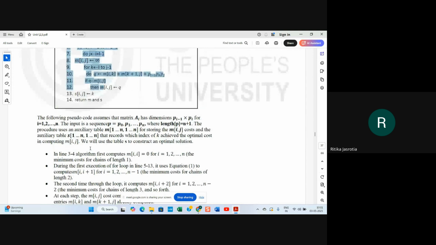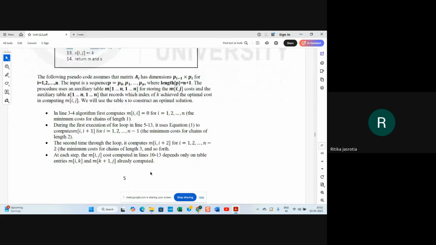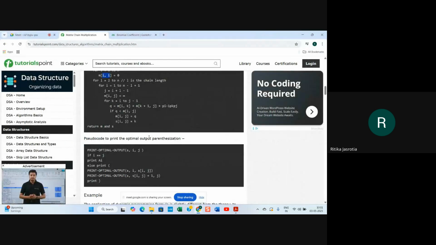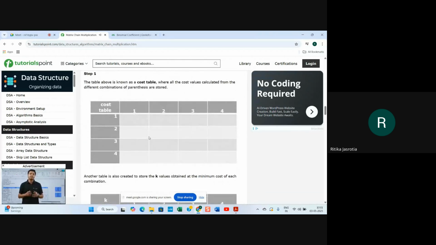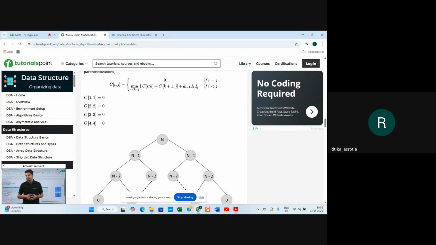At the second time through the loop, it computes m[i, i+2] for i equal to 1 to 2, the minimum cost for chains of length 3, and so on. We keep on calculating this and finding out the k cost.